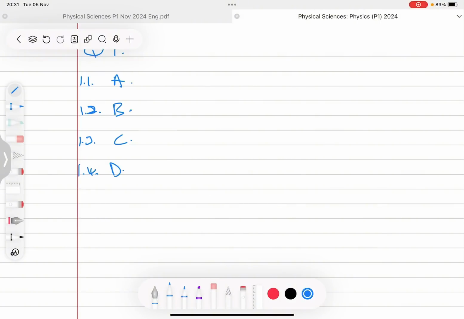Now, to answer this question, we'll use the formula of power to say power is defined as the rate at which energy is transferred, or the rate at which work is done. Now, I will further break this down to say work is given by force cos theta times change in x, over change in t.